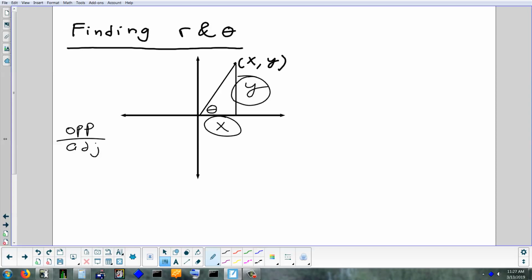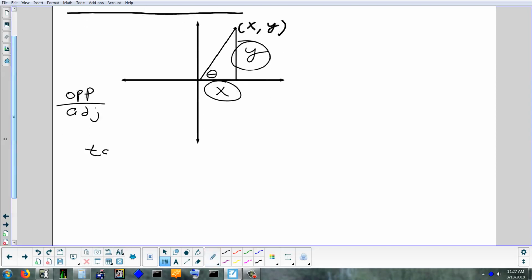What trig function has opposite and adjacent in it? Tangent. So tangent is opposite over adjacent. So the tangent of your angle would equal y over x. But you don't want to know the tangent of your angle.